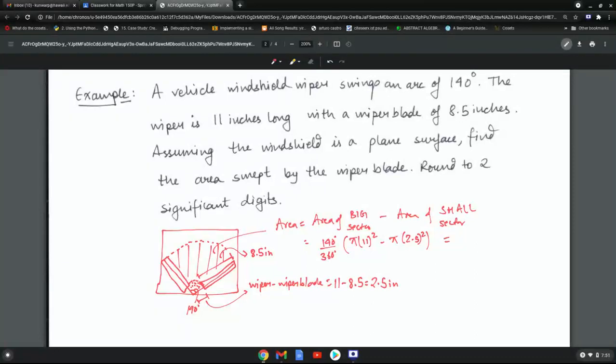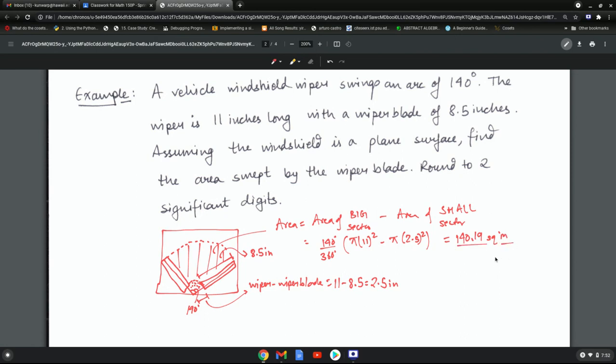So we have 11 squared pi minus 2.5 times 2.5 times pi, again making sure you use the pi button on the calculator, divide by 360, and this comes out to roughly 140.19 square inches.